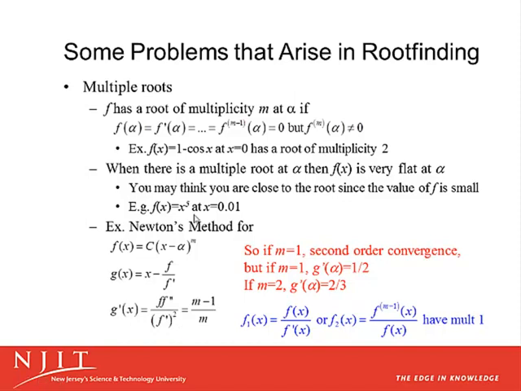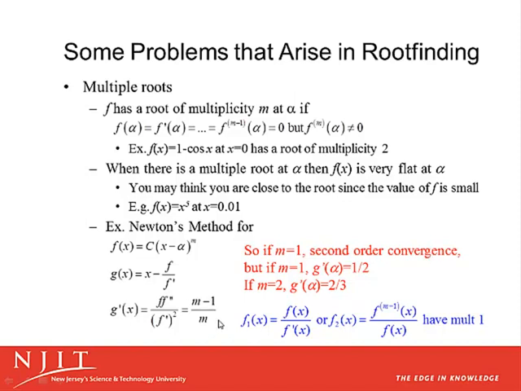And if we consider f of x equals c times x minus alpha to the m, and we plug that in over here and we go through the algebra and do the cancellation, it's really not very hard, we get that g prime of x is no longer 0. It's m minus 1 over m. So if m is 1, in other words, if it's a root of multiplicity 1, the normal case, then g prime is equal to 0 at the fixed point, and we get second order convergence.